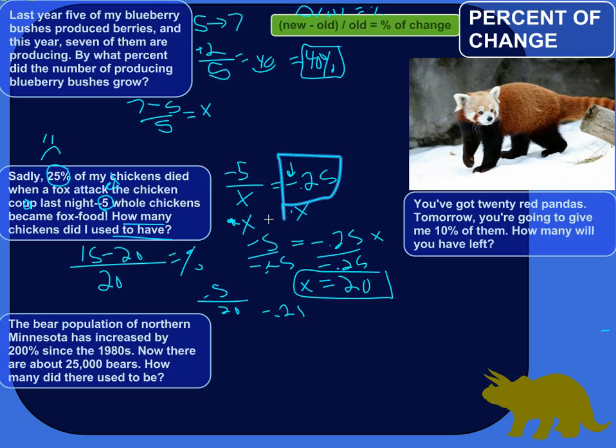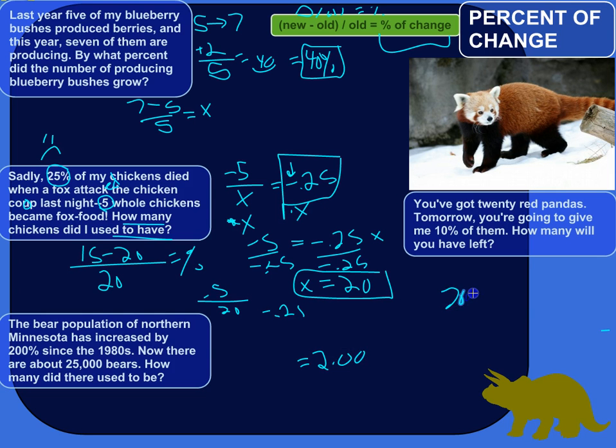The bear population of northern Minnesota has increased by 200% since the 1980s. Okay, so we know the percent of change. So it's positive, and it's 200%. If I'm going to turn that into a decimal, I'll call that 2.00.